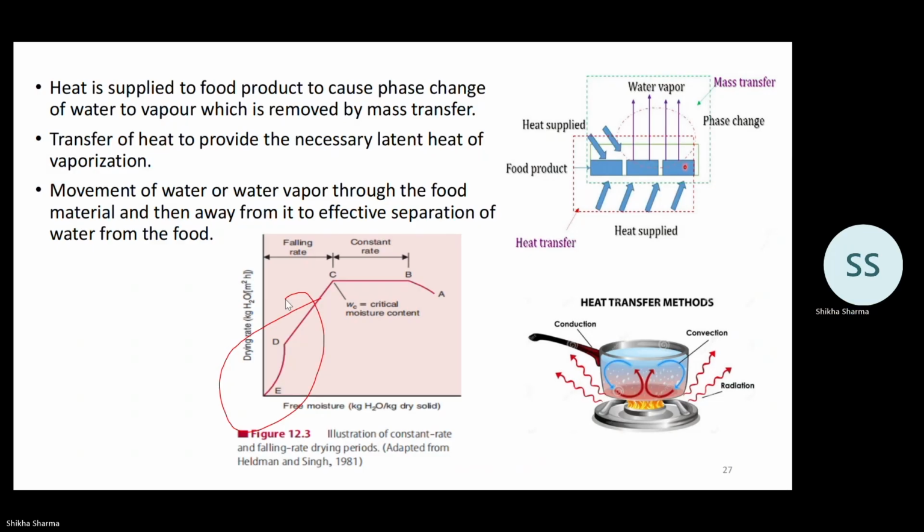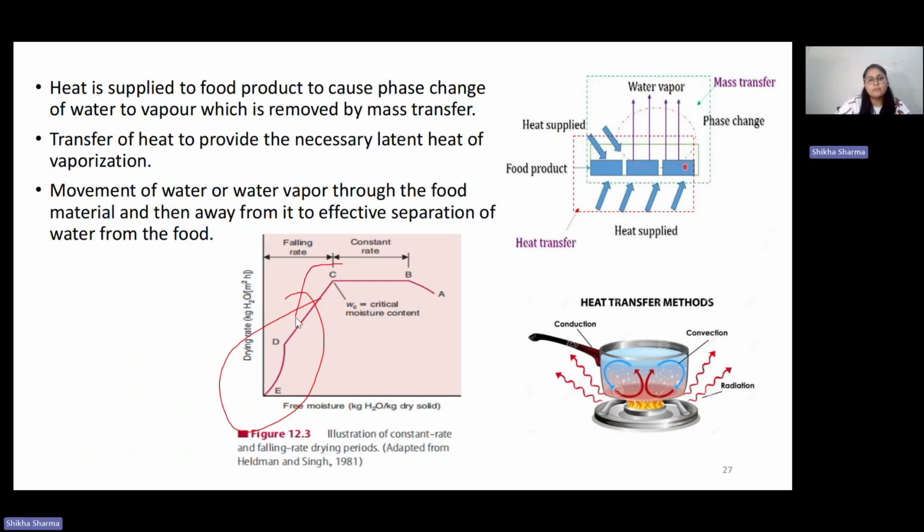So when the constant rate of drying or the free water is removed, it will convert to the falling rate or the bound water state. This end point C is the critical moisture content. So this is basically the rate of drying. This way the water will come out from any food product.